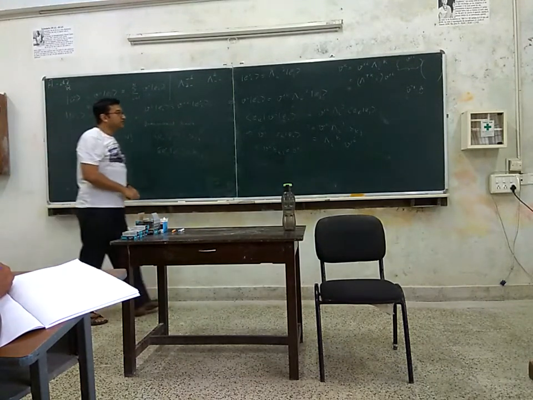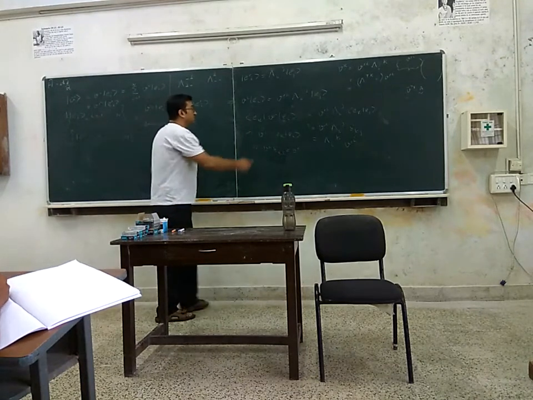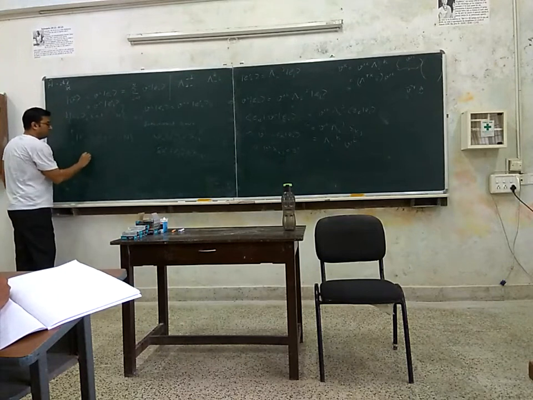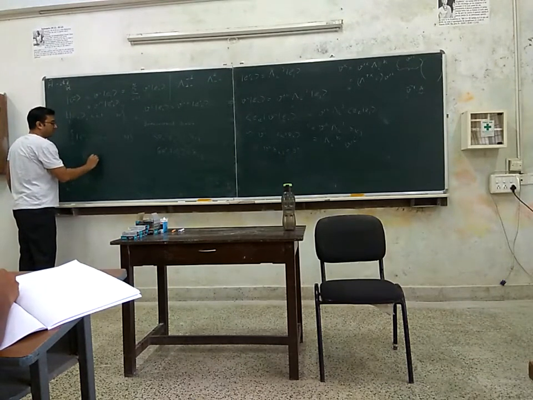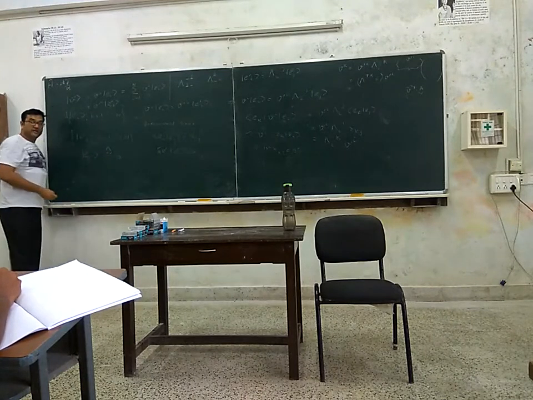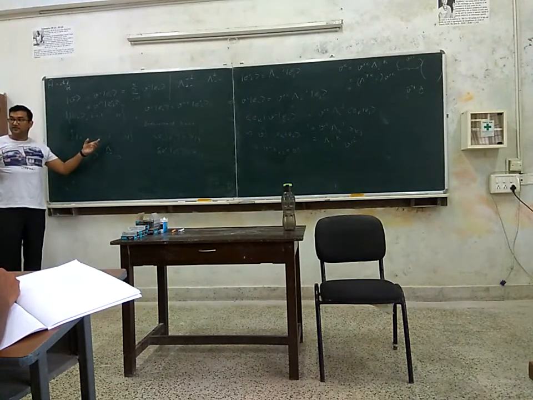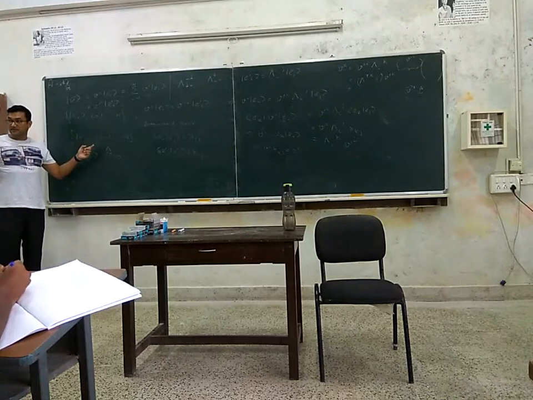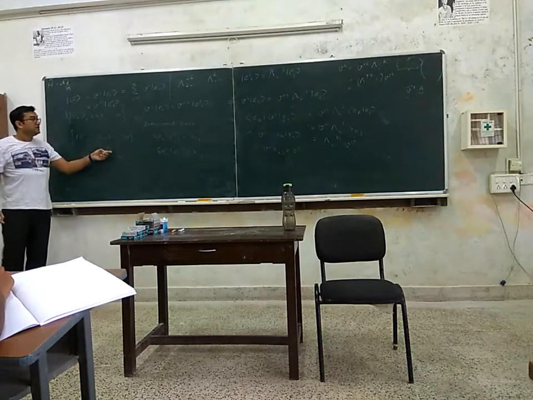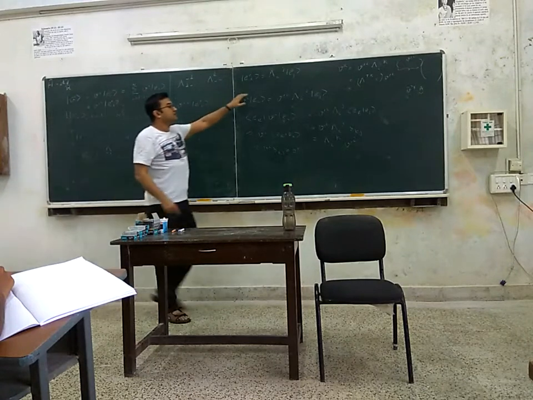So what we see is that if the basis vector transforms according to some matrix lambda, then when I want to write the matrix, I will put this tilde underneath. So this is the matrix and these are the components of it.